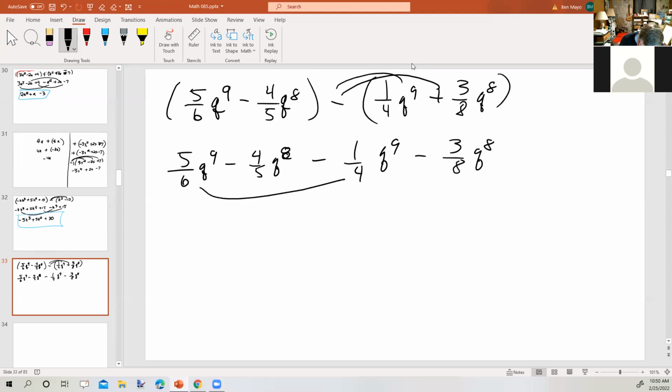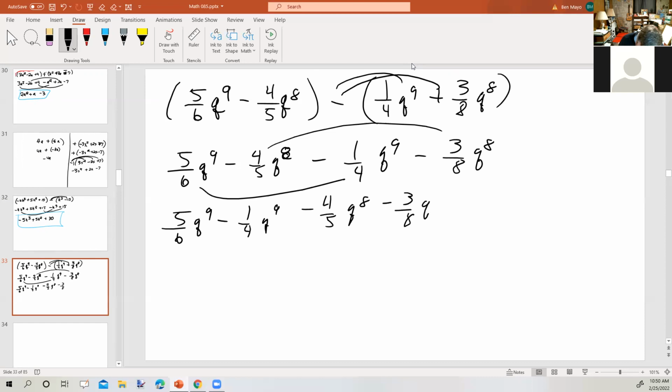Okay, these are like terms. Let's put them next to each other. And these are like terms. Now, the least common denominator of 6 and 4 is 12.